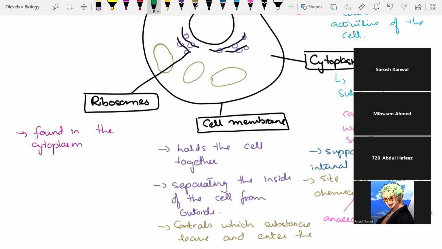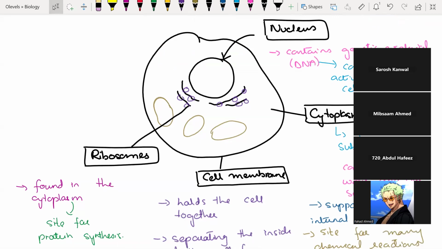And these ribosomes are the site for protein synthesis, right? Yes. Ribosomes have an important function: they are involved in the protein synthesis to make proteins for the cell.